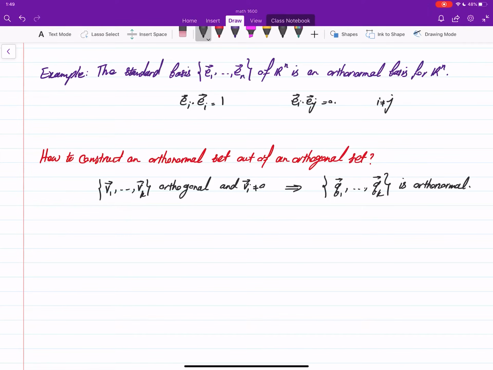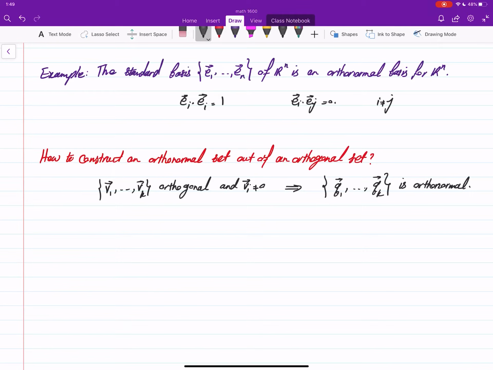How do we do that? Well, I already know that v1 up to vk are orthogonal, so any non-zero multiple of them will also be orthogonal. Now I have to make sure that they have length 1.